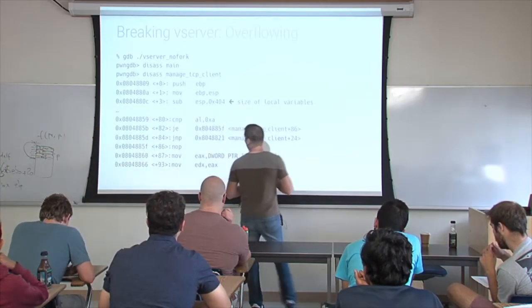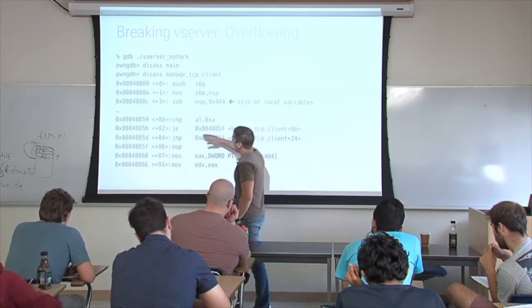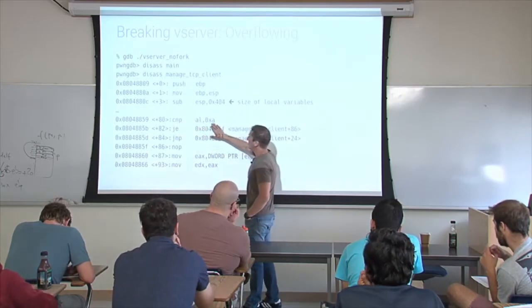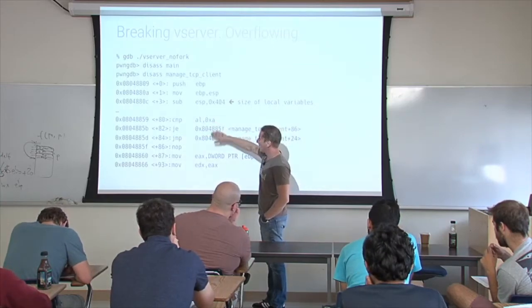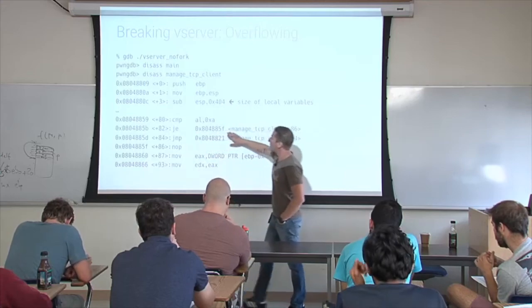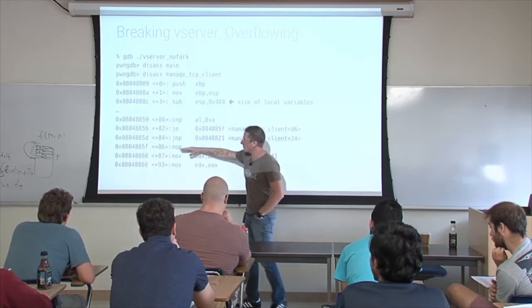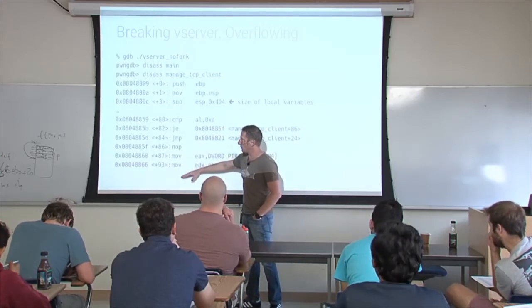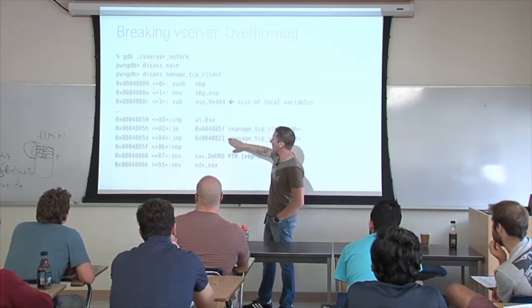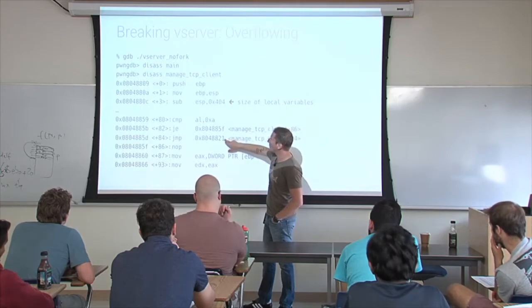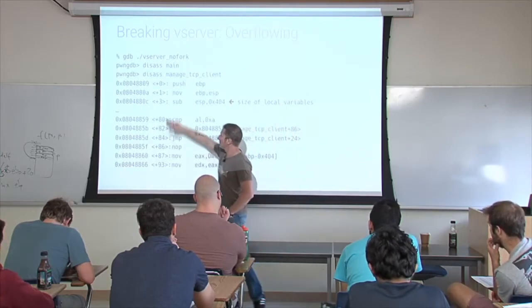But also, if you look, there is a compare to the character 0xa, and if they're equal, it goes to 5f, which is here, and then there is a no-op. If it's not equal, it goes to 21, which is up there.